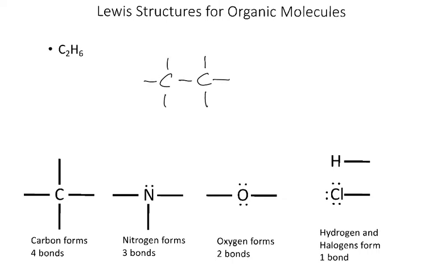And hydrogen likes to form 1 bond. I have 6 hydrogens, so if I go and fill in the hydrogens, that would be it. That's our Lewis structure for C2H6 or ethane. And so you can see, because I know how many bonds carbon and hydrogen want to form, it makes drawing the Lewis structures much faster.